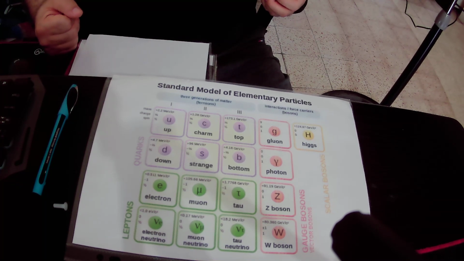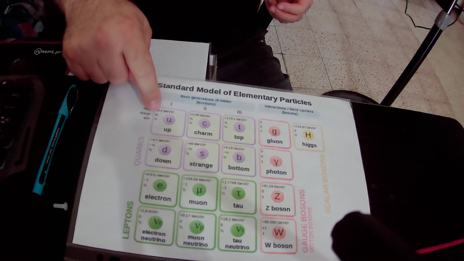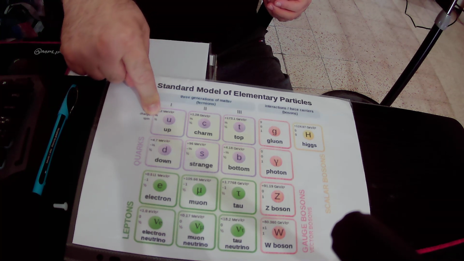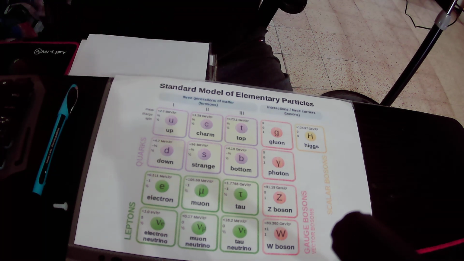The protons and the neutrons are made of quarks. We have already seen there are 6 types of quarks in the purple color, and the quarks are 6 elementary particles out of the 17 elementary particles that we know exist. Okay, thank you very much.